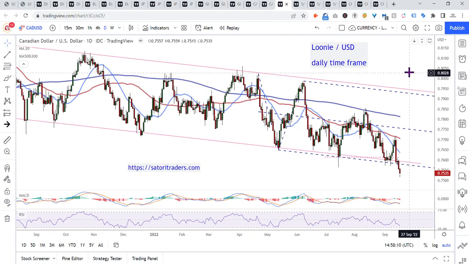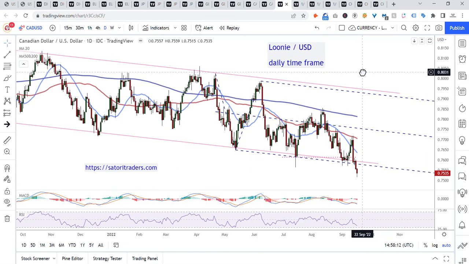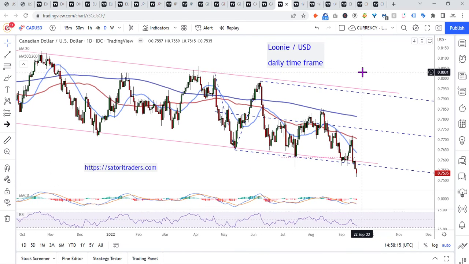And this was in Canada, they raised interest rates 3/4 of a point on September 7. And so we can see, they got a counter trend rally. They got a bounce here in the daily time frame.